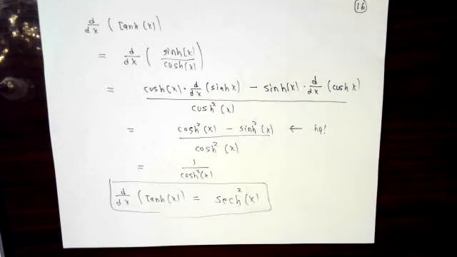So now I've got two of them, and we're very happy. Hyperbolic cosine squared of x minus hyperbolic sine squared of x is 1. So I have 1 over the square of the hyperbolic cosine. That's the same thing that you would get if you squared the hyperbolic secant. So the derivative of hyperbolic tangent is hyperbolic secant squared of x. If you feel like it, you can work out the other three derivatives. Just use the quotient rule and what you know already. Don't go all the way back to the exponentials, though.